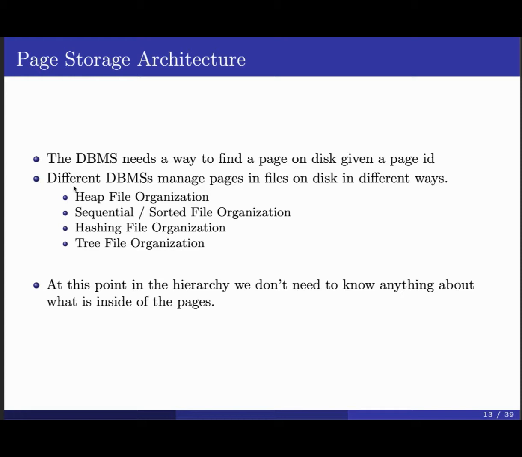Different database management systems do different stuff differently. They manage pages in files on the disk in different ways. The most common way is the heap file organization, which I'm going to cover today. Others use sequential or sorted file organization, hash files, or tree structures.